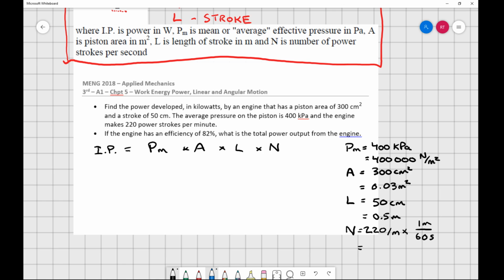Gives me 3.67 power strokes per second. All this info is going to go into my equation. So 400,000 newtons per meter squared times 0.03 meters squared times 0.5 meters times 3.67 per second.